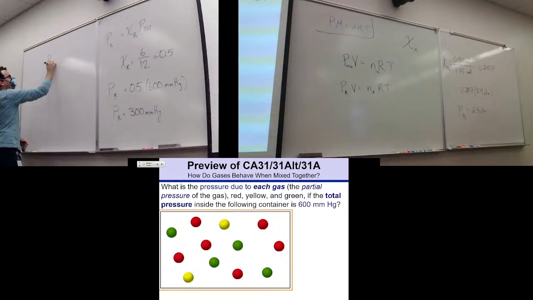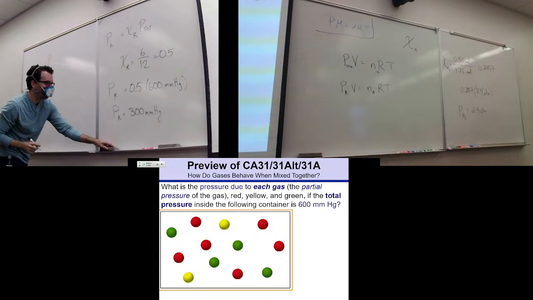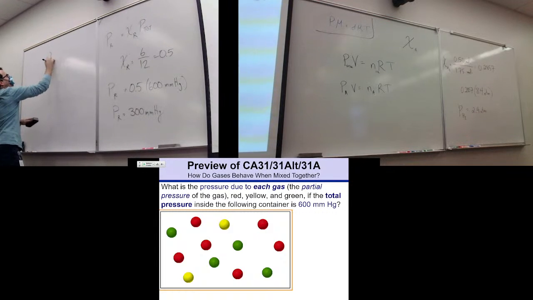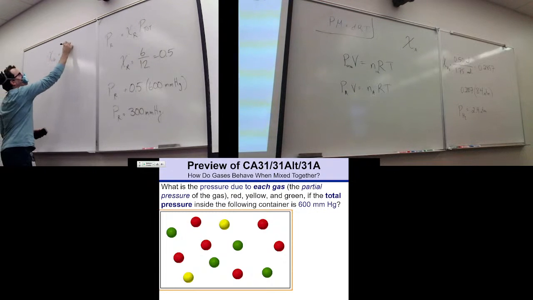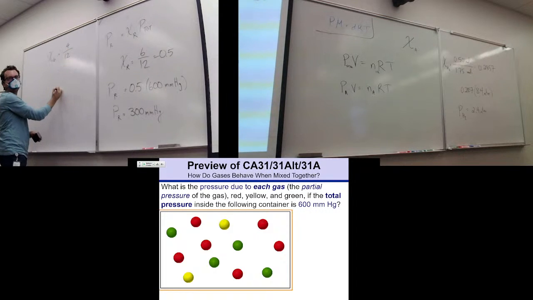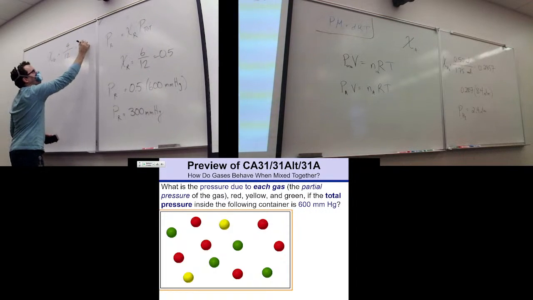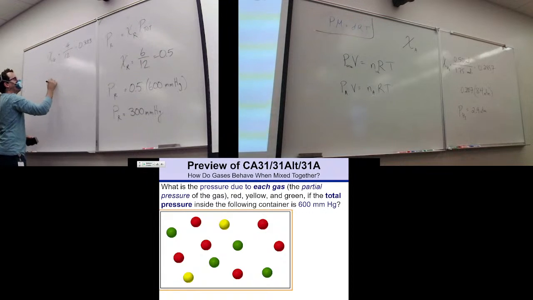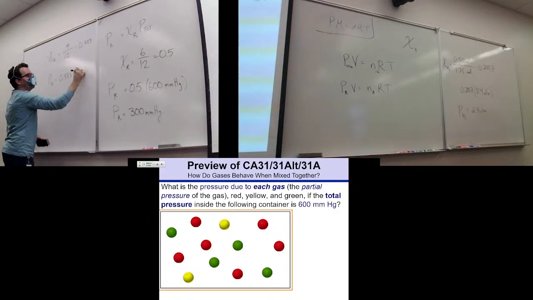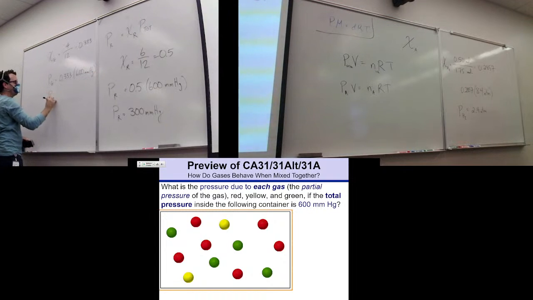The partial pressure of the green one, well, let's actually calculate the mole fraction first. Mole fraction of the green gas, there's 4 atoms of green gas out of 12 total. That's a third. And now the partial pressure of the green gas is going to be a third times the total pressure, 600 millimeters of mercury. And that is 200 millimeters of mercury.